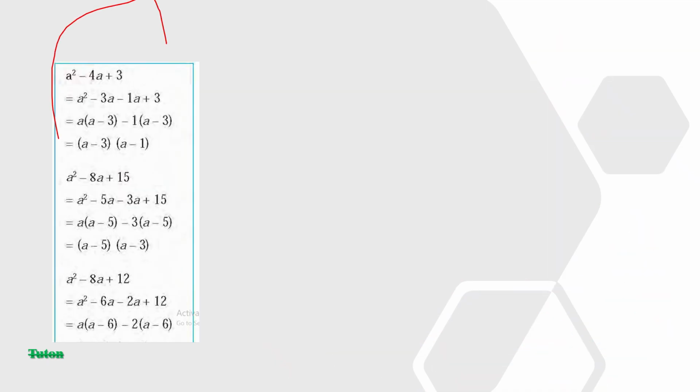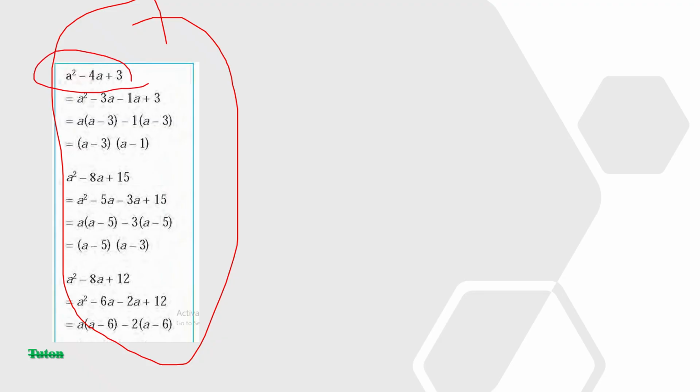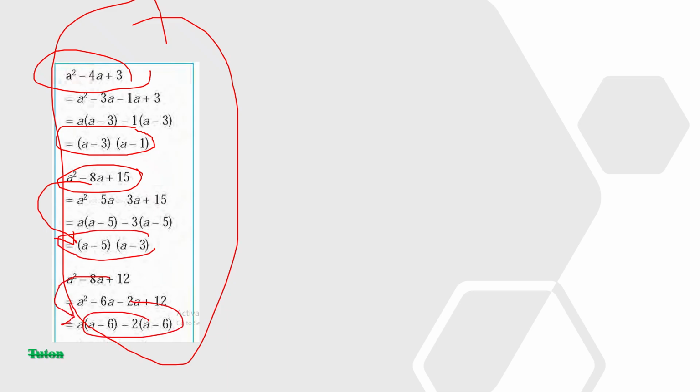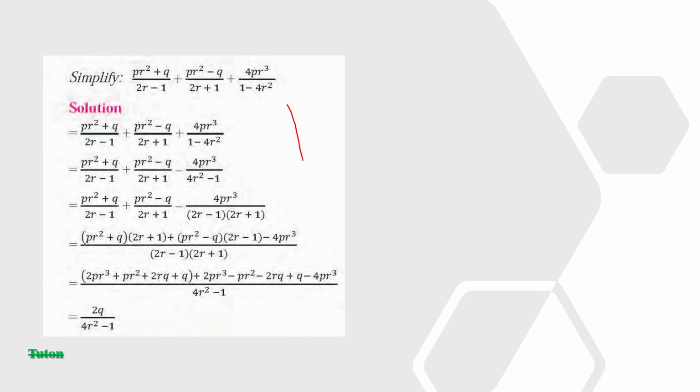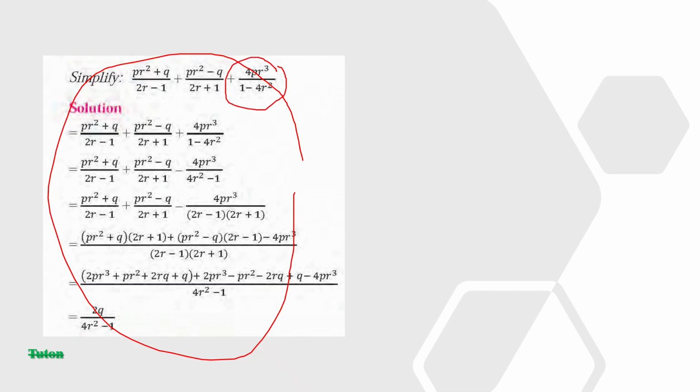This slide is the explanation of how the factorization worked from this term to this term, as I explained in the previous slide. This term has been factored into these two terms, and this term has been similarly factored into these two terms. Now in this question we will be particularly dealing with this last portion.